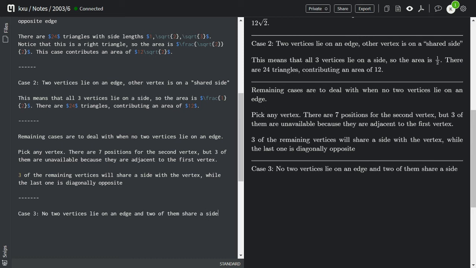This isn't a very rigorous case, I know, but basically it's the first case in the three of the remaining cases. The three of the remaining vertices will share a side with the vertex.